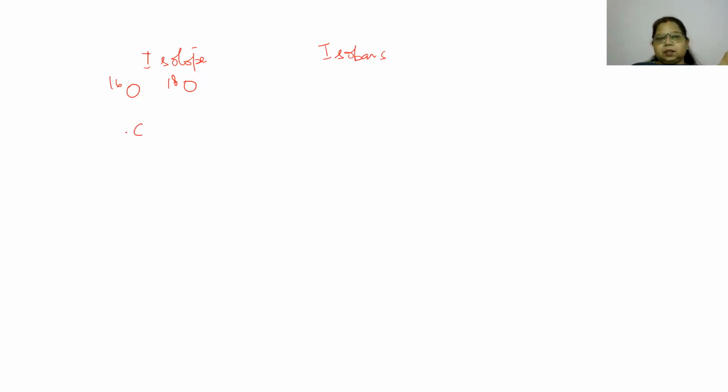Oxygen 16 and 18, even O17 is known to us. Carbon 12, carbon 14, H1. In fact, every element has one, two, or many isotopes, right? So that point that all atoms of an element are the same is destroyed. Now it does not exist in the modern theory because we know the existence of isotopes.